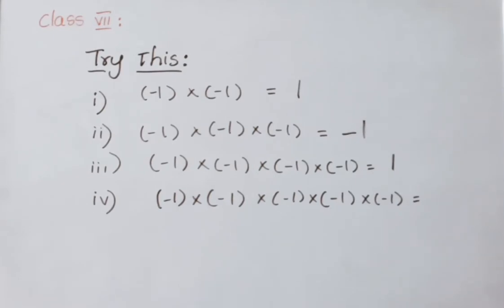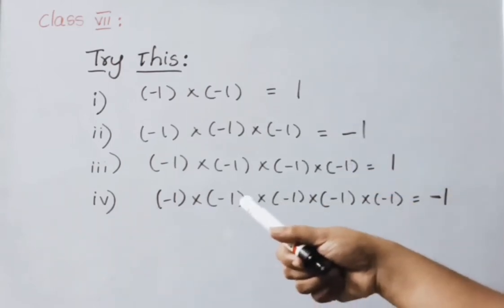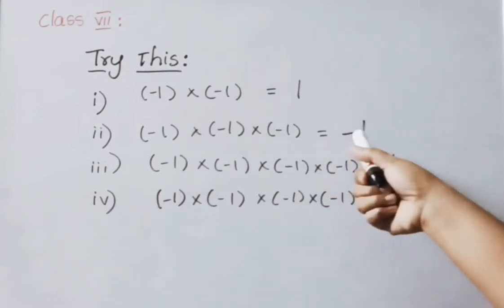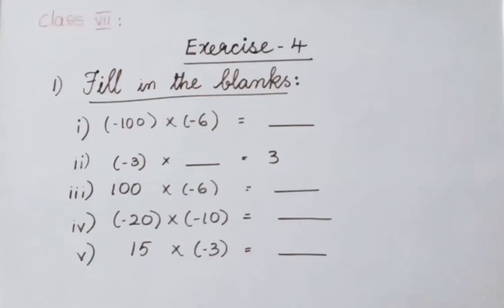So the product will be a negative integer. So write our answer as minus 1. If the number of negative integers being multiplied is even, then the product is a positive integer. If it is odd, then the product is a negative integer.